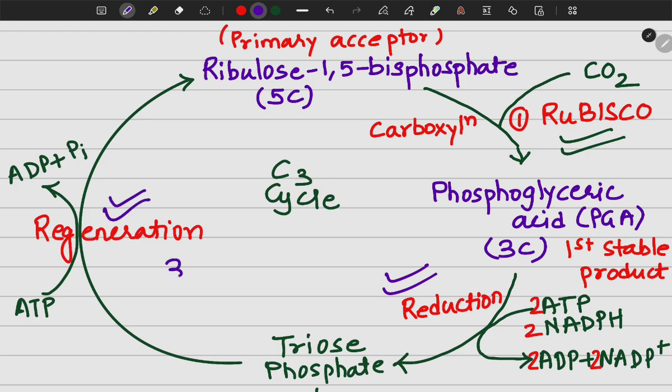So total 3 ATP and 2 NADPH are required to fix one molecule of CO2. For one molecule of CO2 or for one turn of this cycle, 3 ATP and 2 NADPH are required.